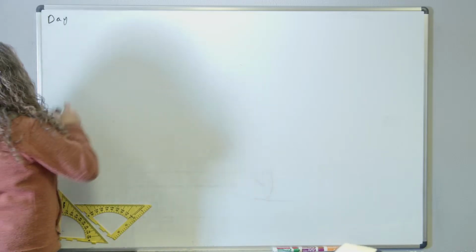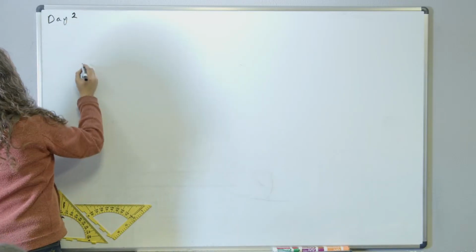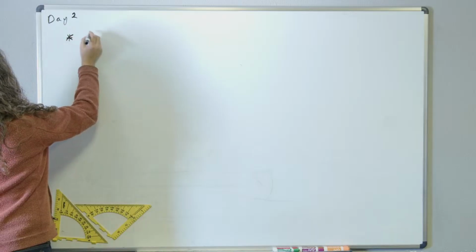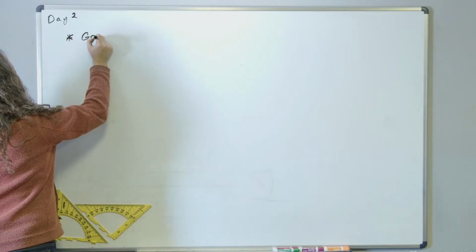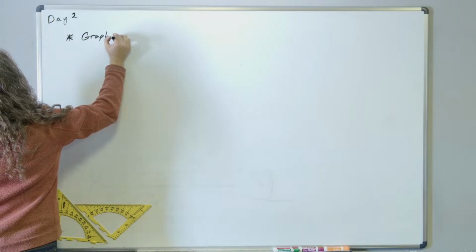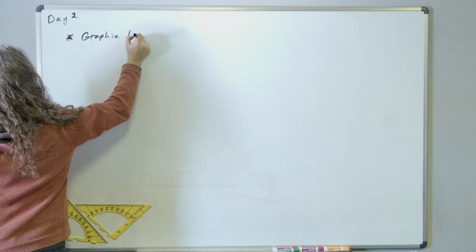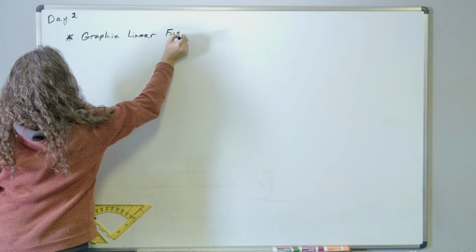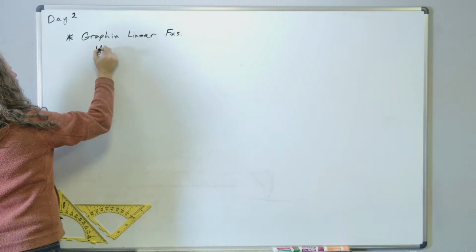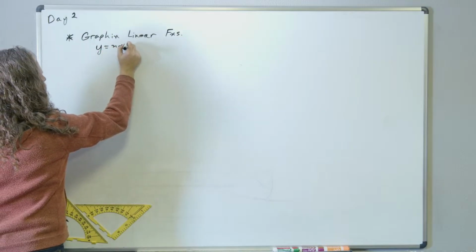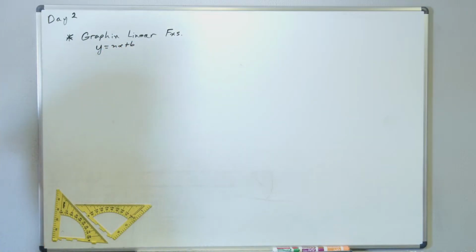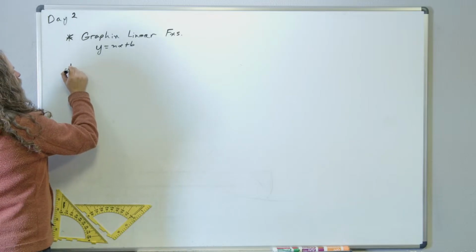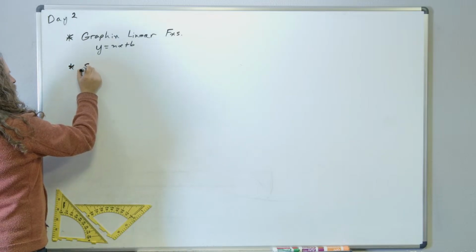On day 2, you will have graphing linear functions. And they'll already be in y equals mx plus b slope-intercept format. You'll just have to graph them. You will need to find slope between 2 points.